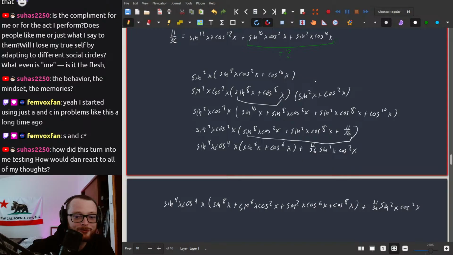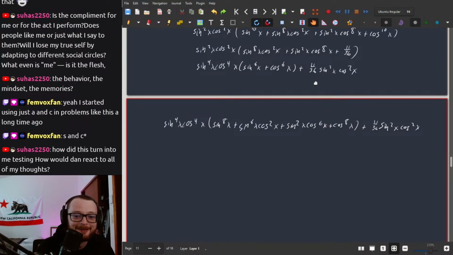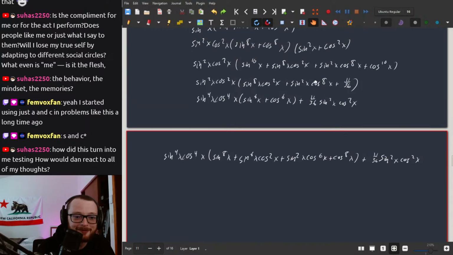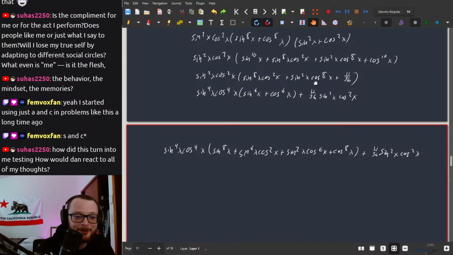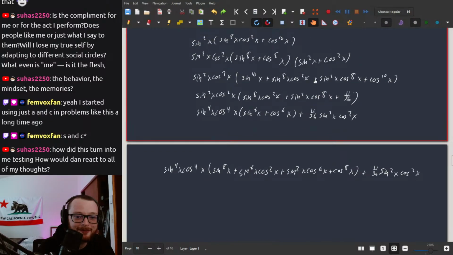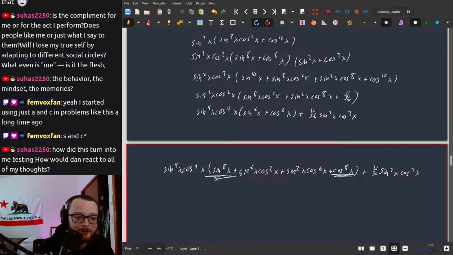Okay, this is becoming a lot more algebra than I want to do. Also, I'm not sure exactly how to deal with the 8th powers here.